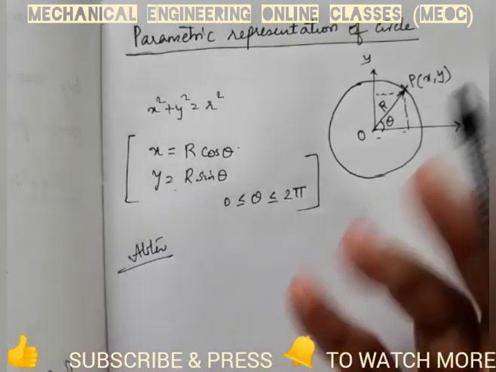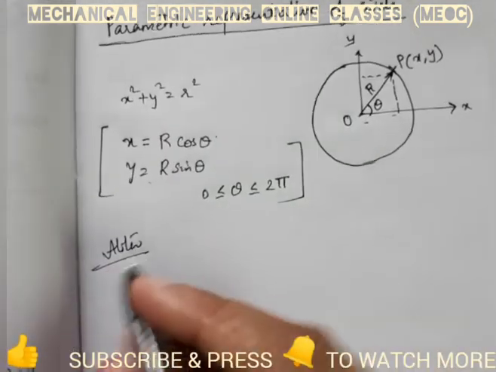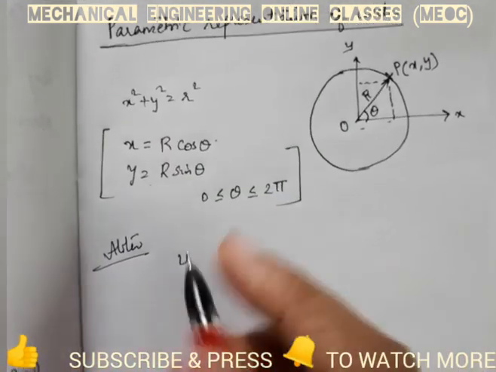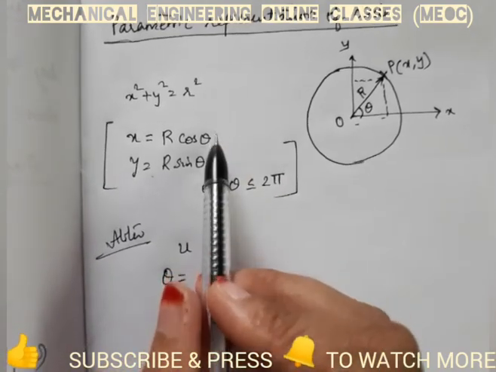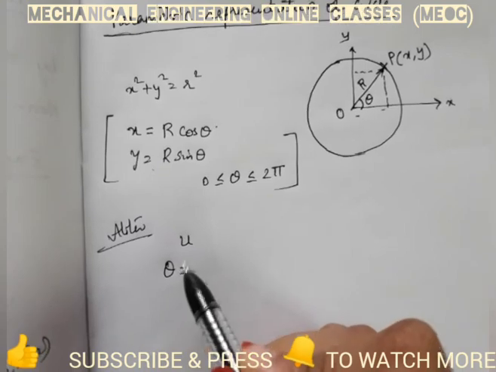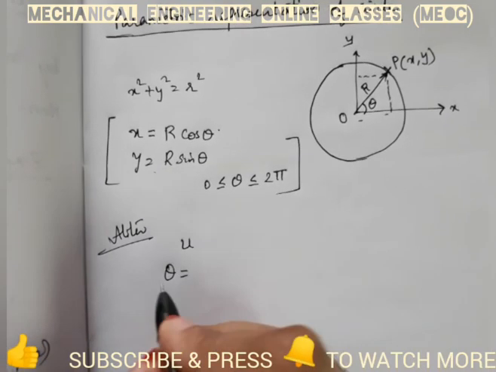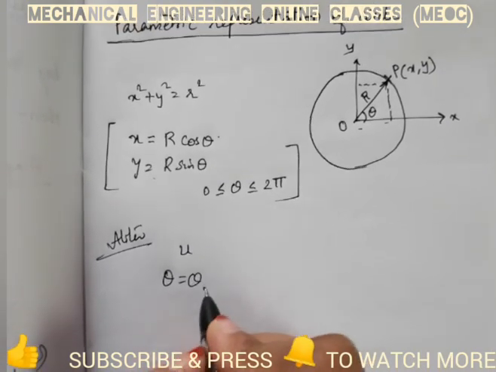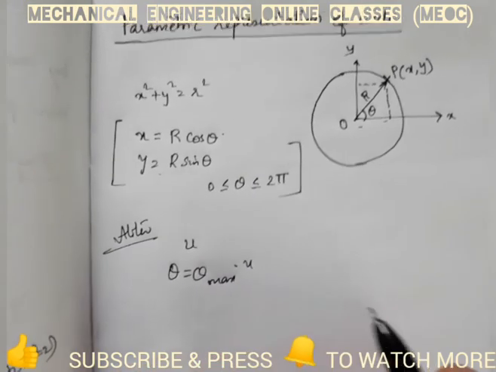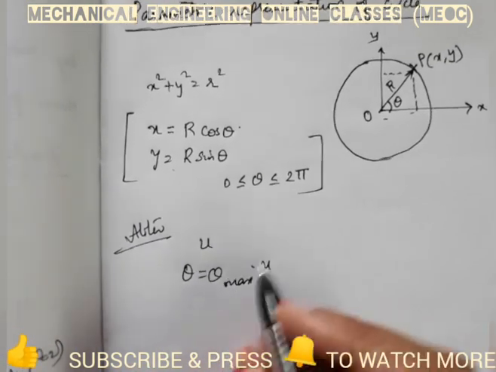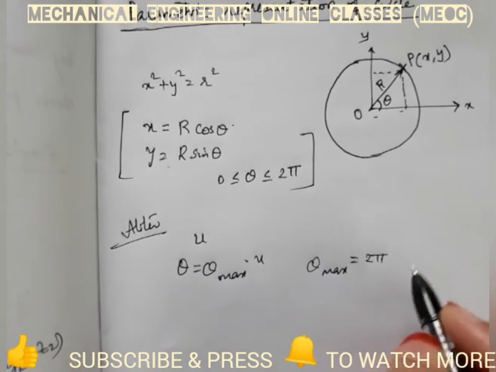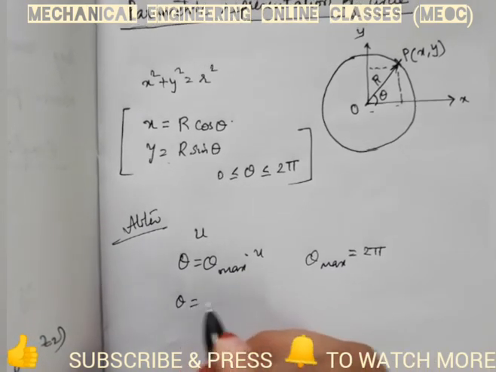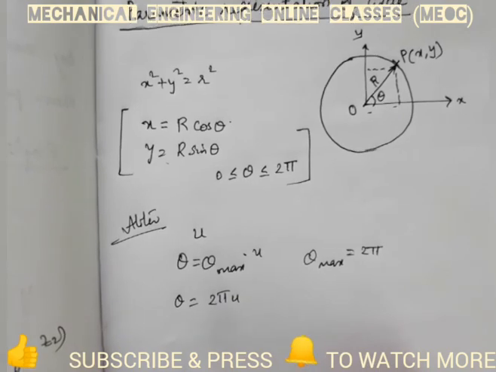It can be represented in a different form also. We can use a parameter u instead of theta. So in place of theta as a parameter, we are trying to use u as a parameter. Theta can be written as theta max into u. Theta max is 2 pi, the maximum theta will be 360. And theta will be equal to 2 pi u.